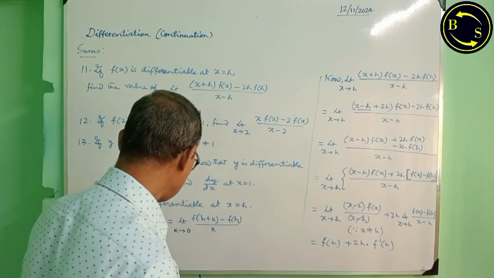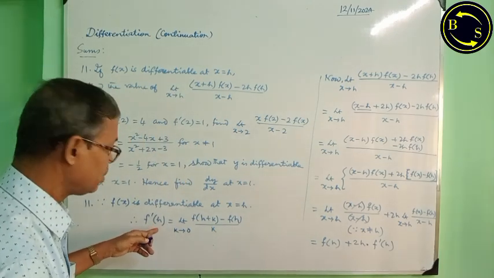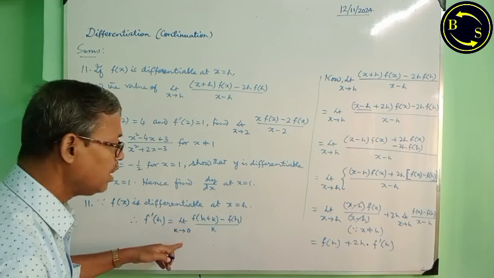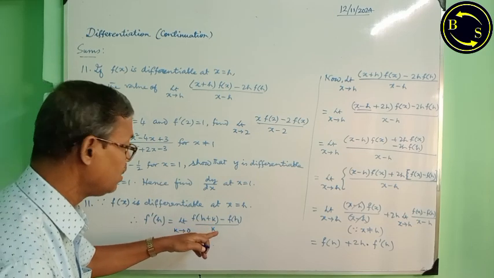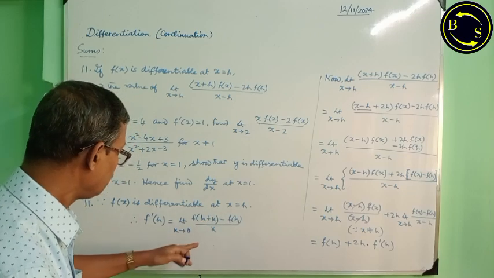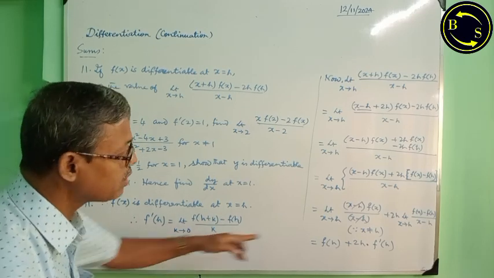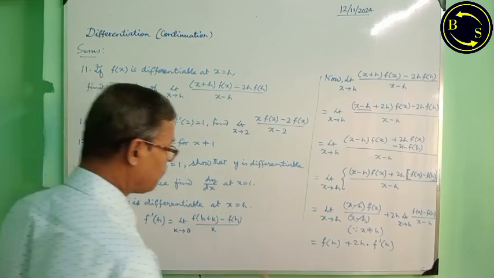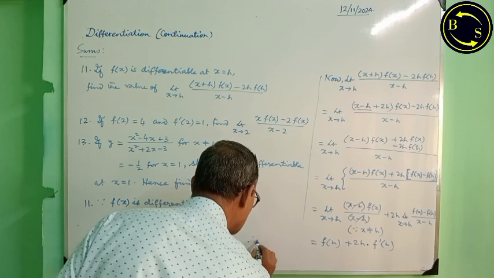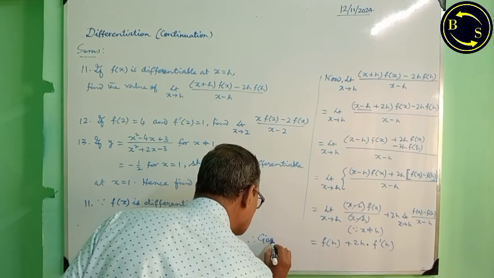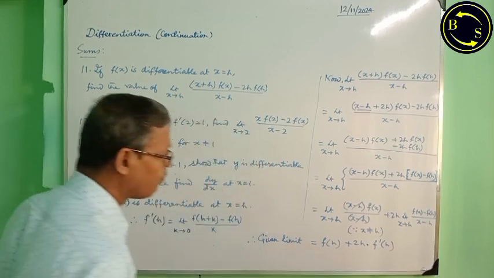You can recall this f dash h, that is equal to limit k tends to 0 f of h plus k, this. Now if you put k equal to x minus h, you will get that one. Therefore finally we get, therefore given limit is this.